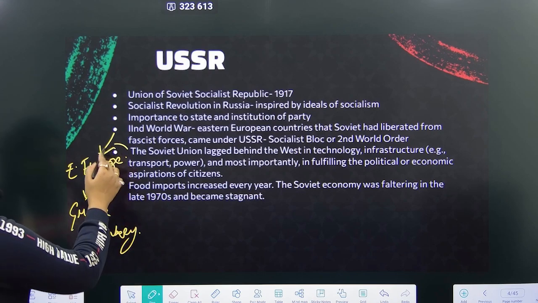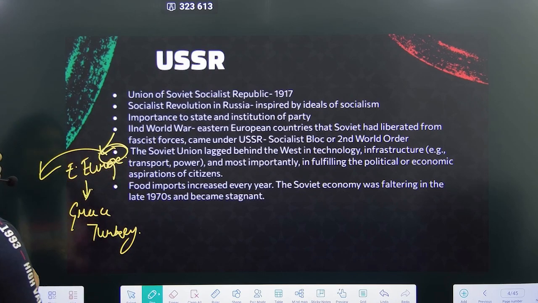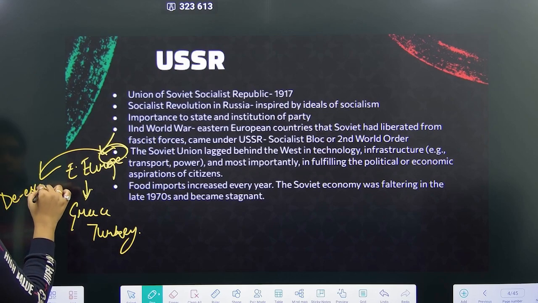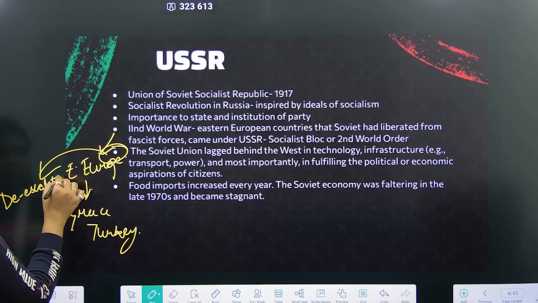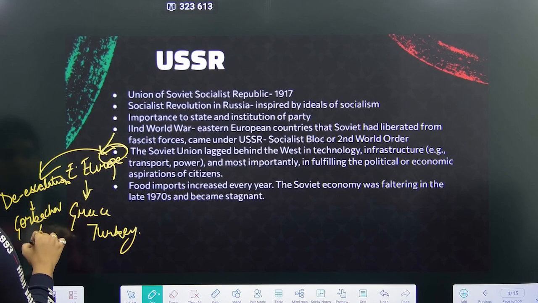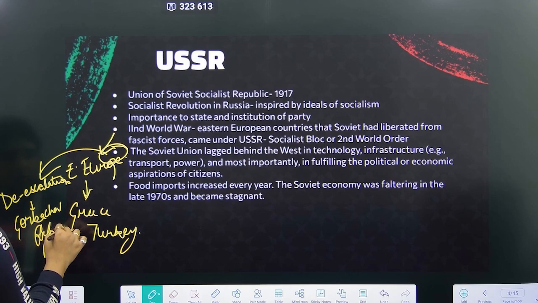This is again a later story, not a part of your curriculum. We're going to discuss this in the de-escalation, where we talk about the Gorbachev reforms. So this comes later. Okay, food imports increased every year.